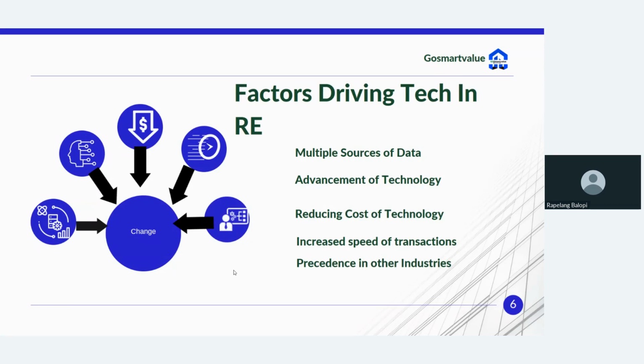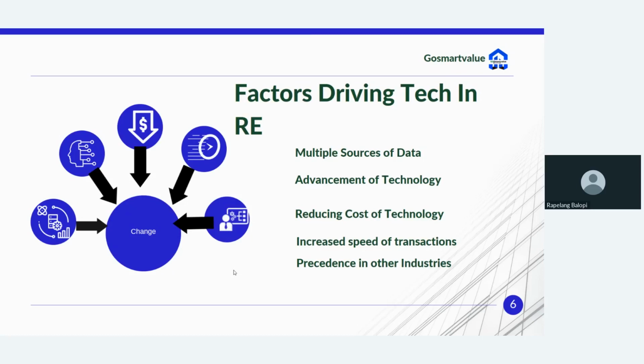There's an increased speed of transactions, as already spoken about earlier, where people want to see transactions happening a lot faster. They want to invest in different types of areas and are normally assessing different transactions at a time in different places. Technology makes it easier to assess all of these things much faster instead of taking 6 months assessing a single investment in a single location.